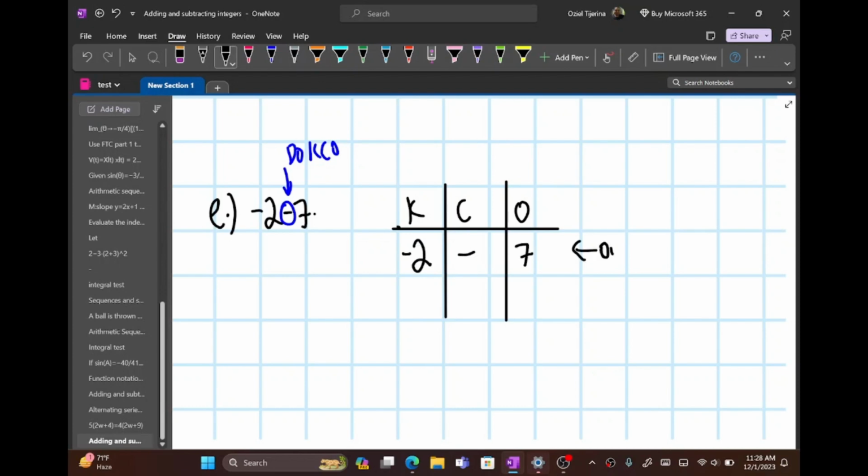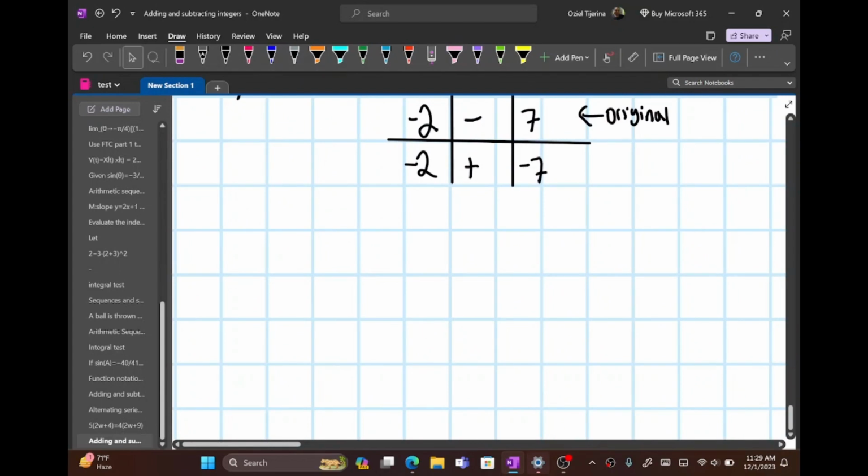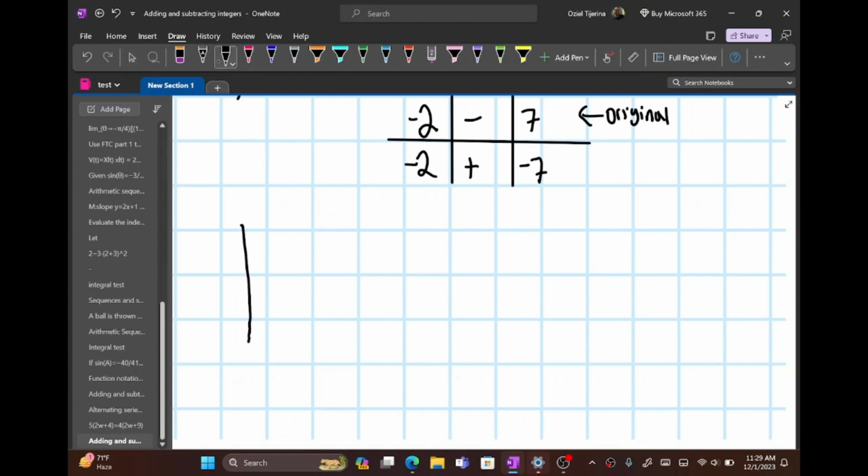So again, this is the original. We're going to keep the negative 2, change negative to positive, and do the opposite of positive 7. This is negative 7. Now think about it. They're being added, but they're 2 negatives. So again, if you're not sure, do your t-chart.